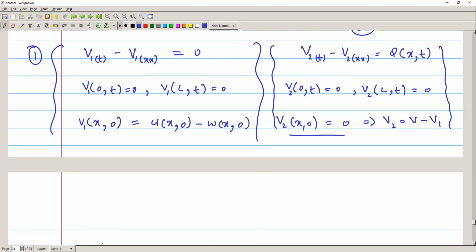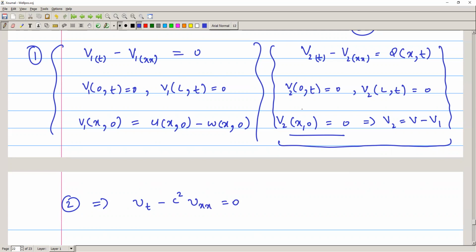So what is Duhamel's principle? It says that if an equation is given in this form, this equation 2, we are going to convert it into Duhamel's form. So 2 implies nu_t minus c squared nu_xx equals 0.